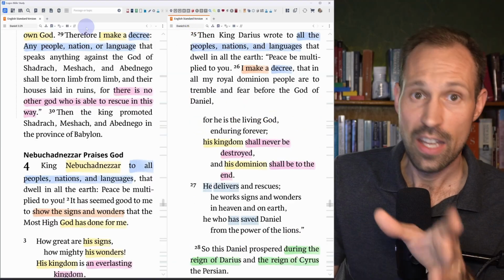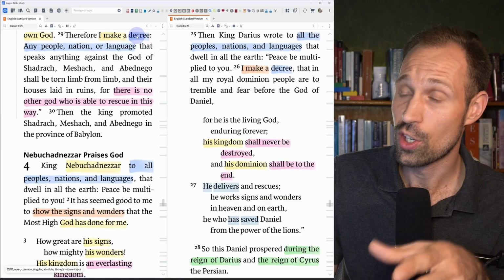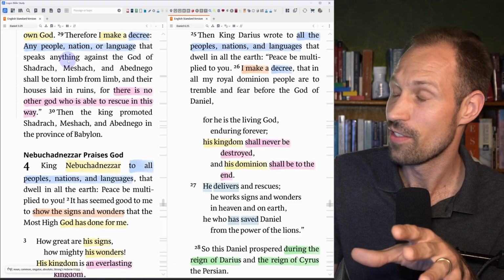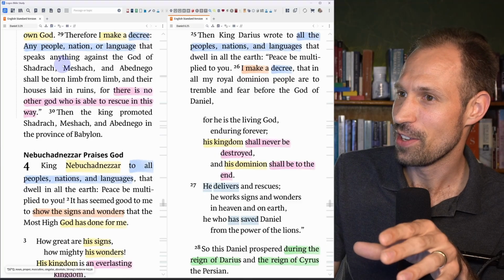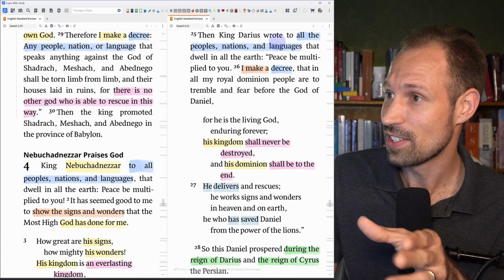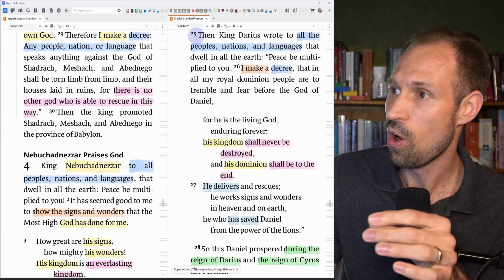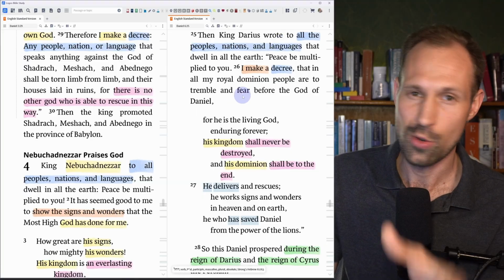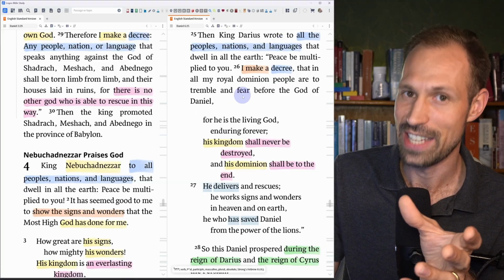Take a look at this. Nebuchadnezzar says, "Therefore I make a decree that any people, nation, or language that speaks anything against the God of Shadrach, Meshach, and Abednego will be torn limb from limb." And then Darius, in chapter 6, he makes a decree to all peoples, nations, and languages, saying that they should fear and tremble before the God of Daniel.